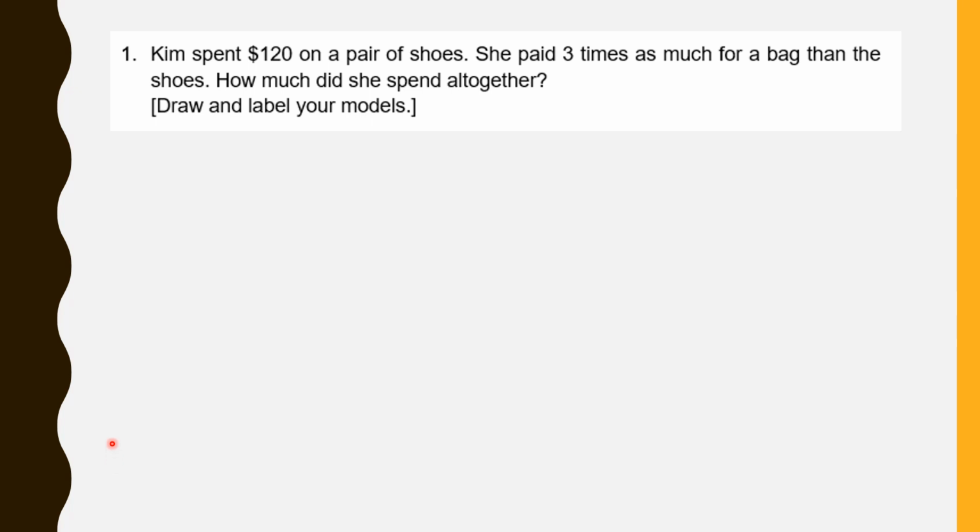So I'm going to label the important information first. $120 for a pair of shoes and 3 times as much for a bag. I'm going to label this pair of shoes as the variable and this bag as the other variable.